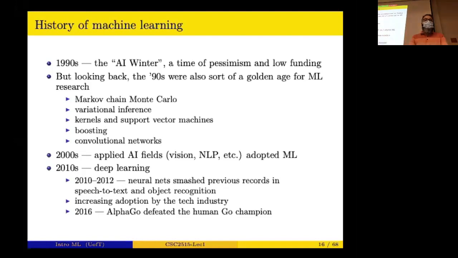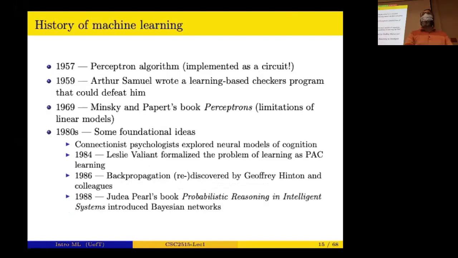So the technology or the ideas were there from many decades ago. Like in the 50s, we had neural networks. In the 80s, we had the basic concept like backpropagation that is required in making deep learning systems work.